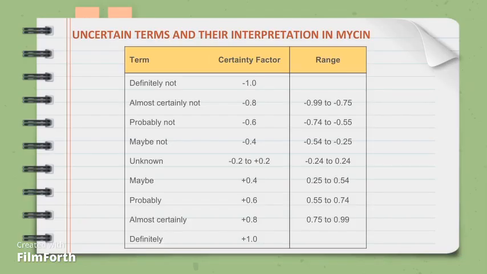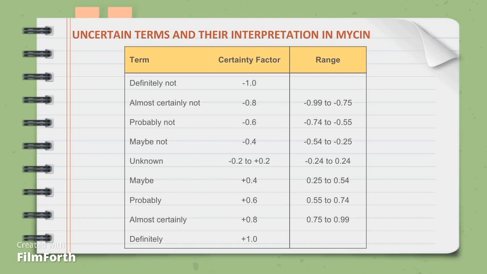Let's see how certainty factor is implemented in MYCIN. MYCIN is one of the earliest expert systems developed in the medical area, and it has these certainty factors in it. The CF value used is between negative 1, which represents definitely not, to positive 1, which represents definitely true.